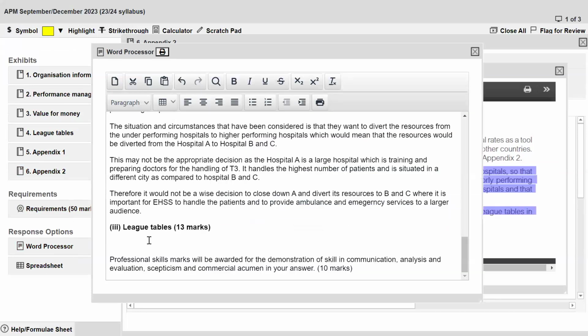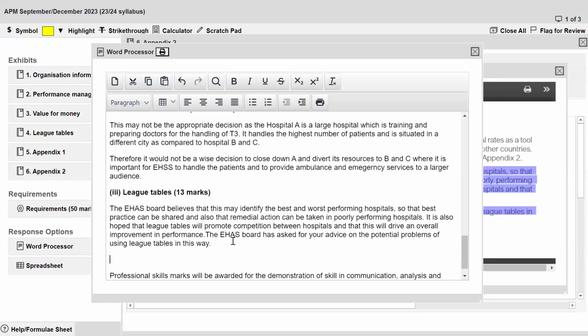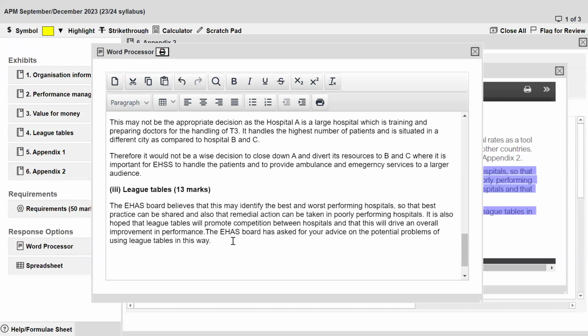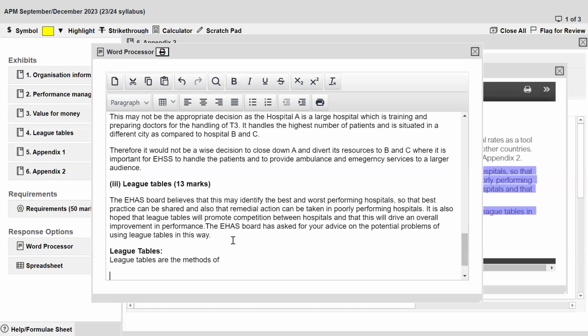Basically, this is what he is asking us to do. So you got to actually answer this way. What exactly are the league tables?